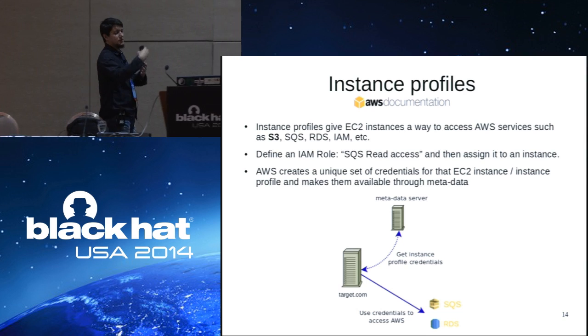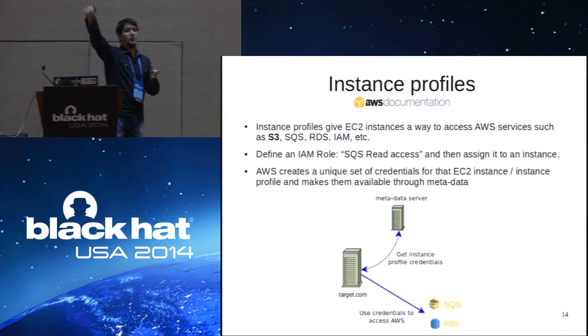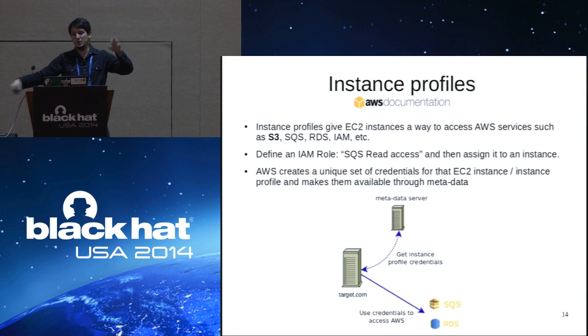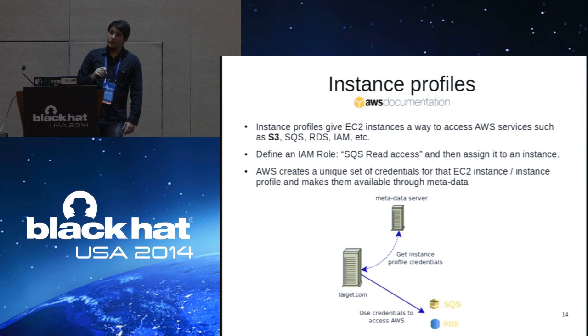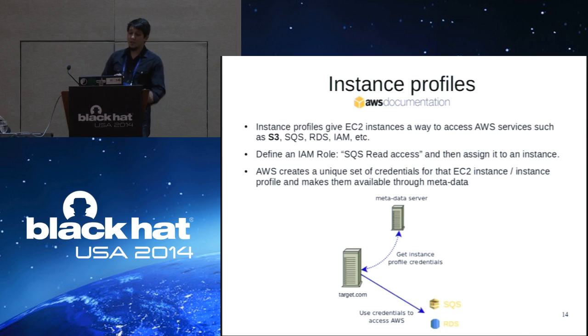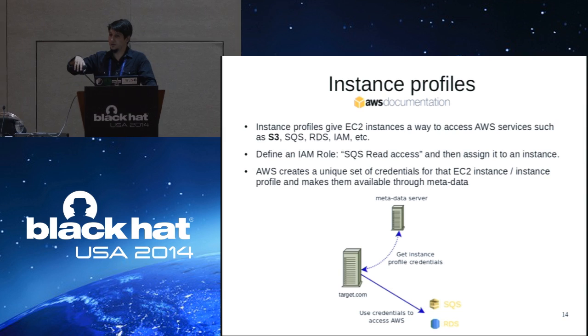So if you want to access S3, the code is going to go to the metadata server, retrieve the credentials, and then go to S3 and do whatever you need to do. The good thing for us was that the instance profile credentials are stored in the metadata server. And we had read access to the metadata server.